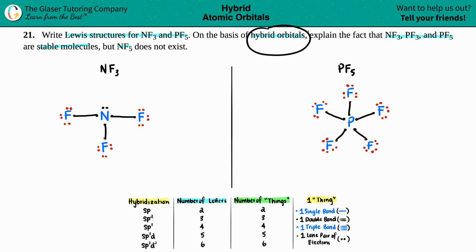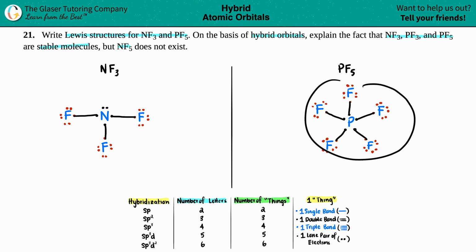On the basis of hybrid orbitals, explain why NF3, PF3, and PF5 are stable molecules, but NF5 does not exist. So if we discuss what the hybridization of the nitrogen and the phosphorus are, that might give us an indication of why NF5 does not exist.